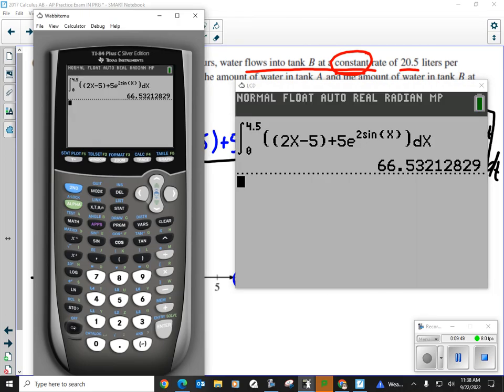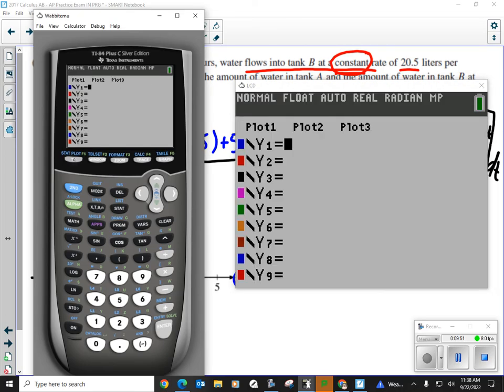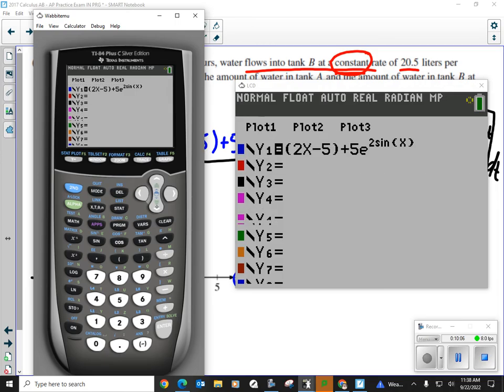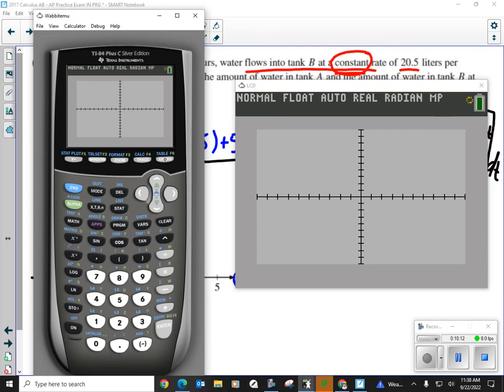Turn this on, go to y equals, and parentheses, 2x minus 5, again we're using x instead of t, plus 5, e raised to the 2 sine of x. That's a of t. And let's see where that crosses with 20.5. Boom. Right there.